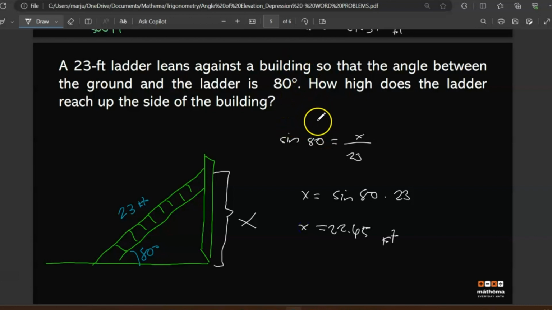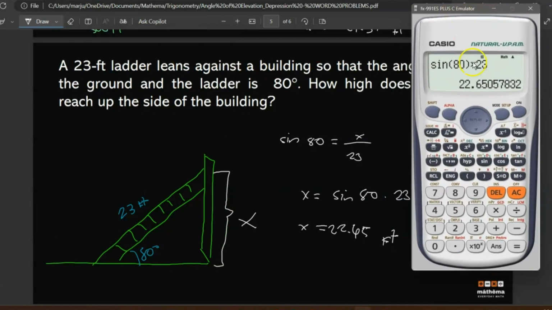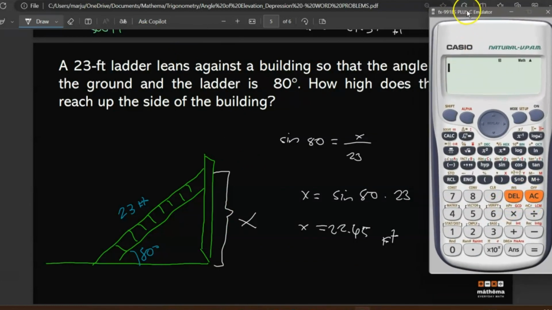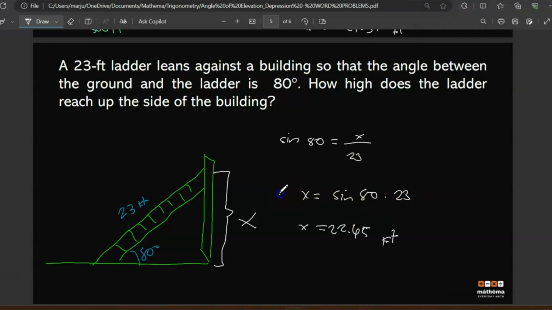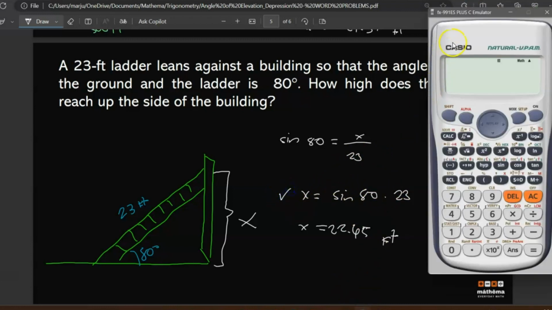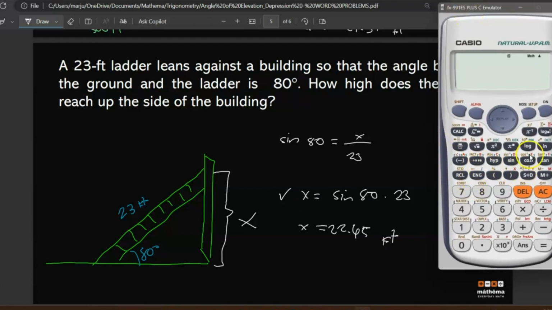Now, let me take this opportunity to introduce a very powerful function in the calculator. We don't really need this part of our solution. If you have the same calculator as mine, input sine 80, then alpha, then equals.